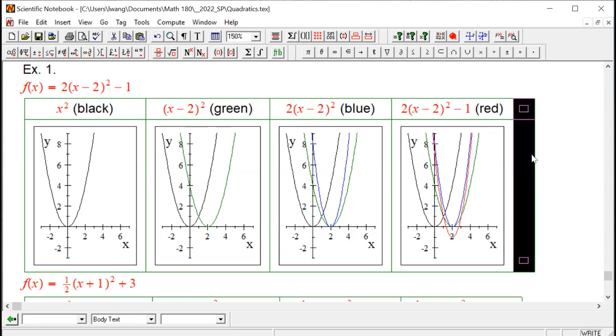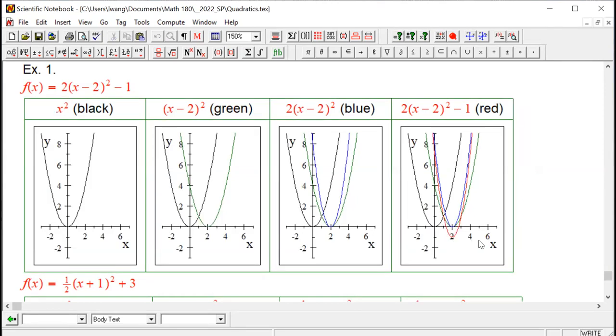The lowest point. The vertex is 2, -1. And you can see in this form, (x minus 2) squared minus 1, it tells us the vertex, right?